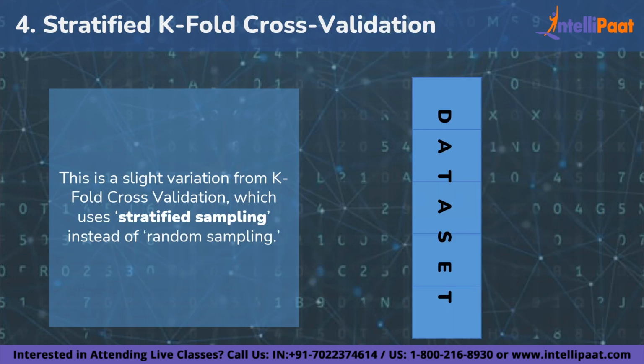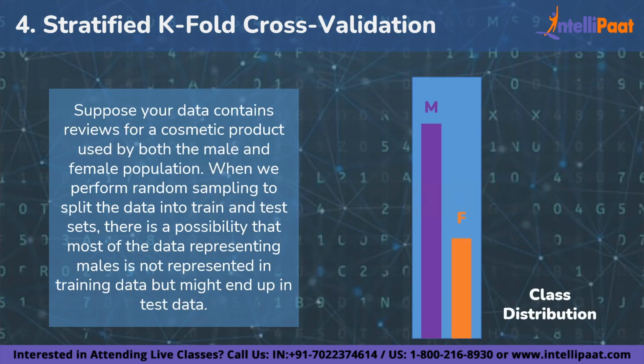Now coming to our fourth type, which is stratified k-fold cross-validation. In this method, there is a slight variation from k-fold cross-validation, which uses stratified sampling instead of random sampling. So let's quickly understand what stratified sampling is and how it is different from random sampling. Suppose your data contains reviews of a cosmetic product used by both the male and female population.